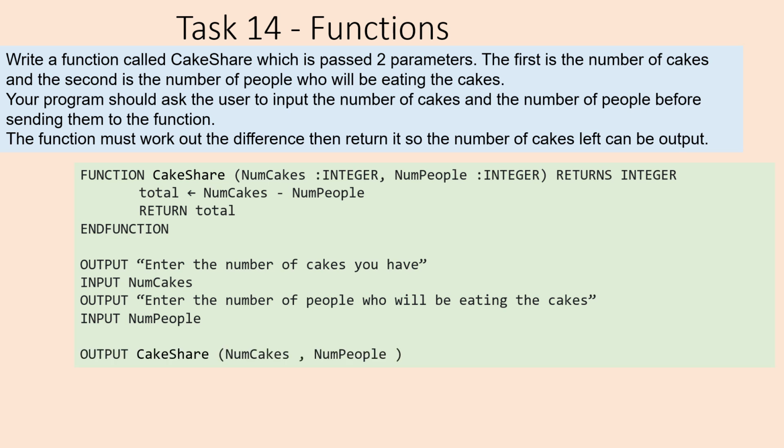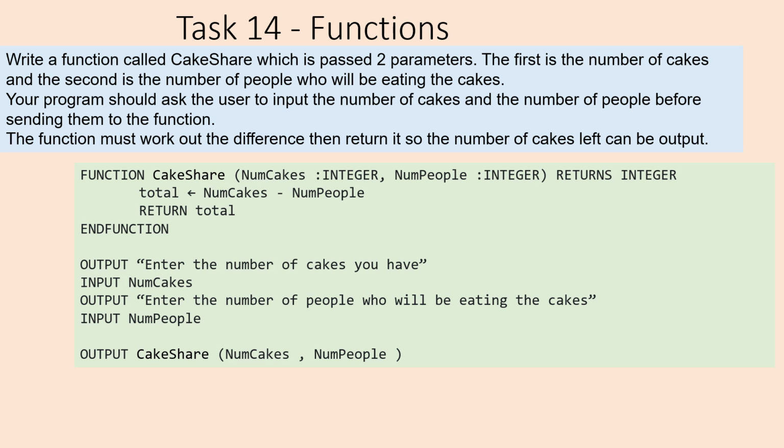So I'm going to output whatever is returned. So we're going to call the cake share function, and we're passing it the number of cakes. That's our first argument, and the number of people is our second argument. So number of cakes will be assigned to the num cakes parameter, and num people will be assigned or passed to the num people integer.